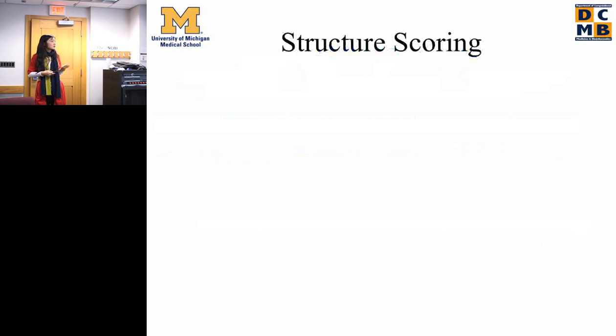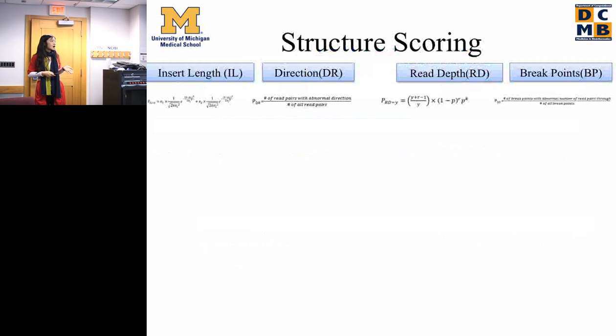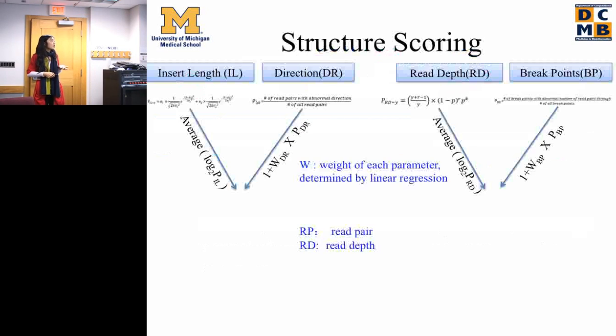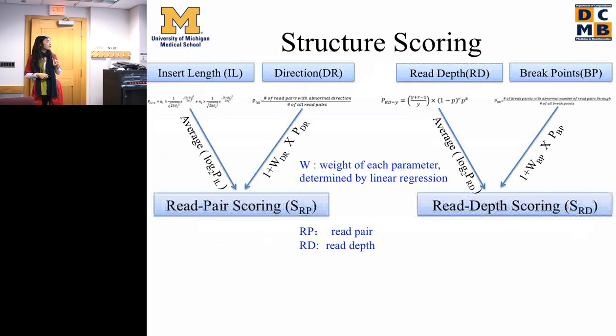Okay, here's a systematic format of how we are scoring the structure. We have insert length, direction, read depth, and the number of reads going through a breakpoint. Both the direction and the breakpoint, these 2 serve as an actual loading factor for the insert length and read depth.